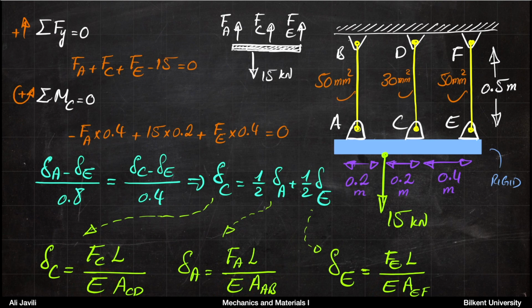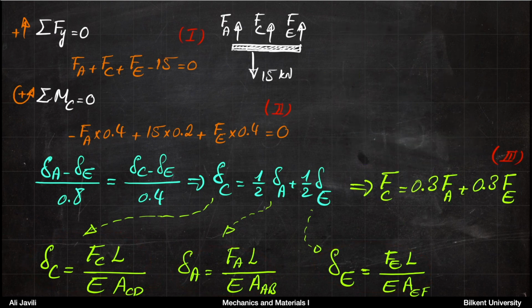Okay, so if you replace the corresponding deltas in terms of F's, then you get your third equation in terms of F. And now this is exactly what you wanted. So you have now equation 1, 2, 3, three equations, three unknowns, Fa, Fc, and Fe.